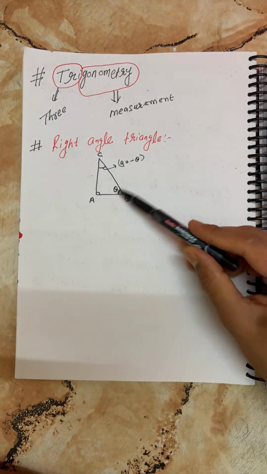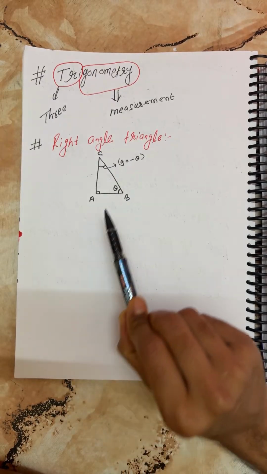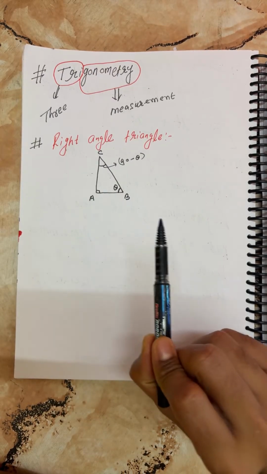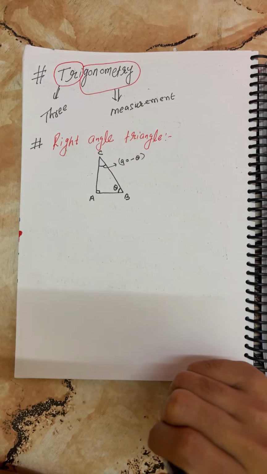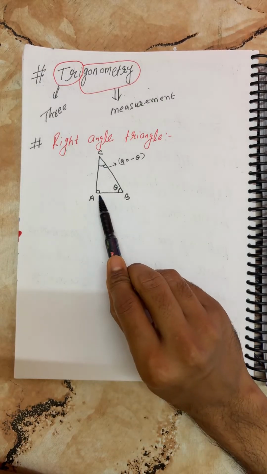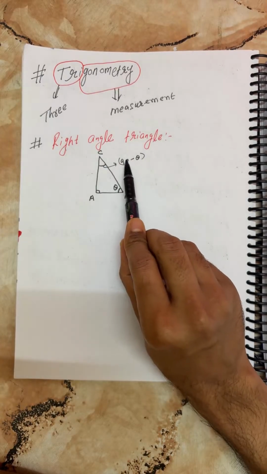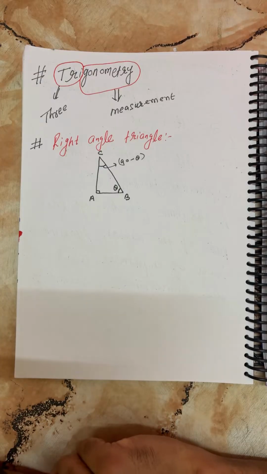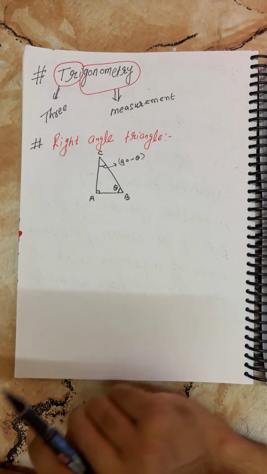Why did I do it like this? Because this is 90 degrees, and the summation of the entire angles equals 180 degrees. So this is 90, this is theta, this is 90 minus theta. If you add them all, you get the angle sum of 180 degrees, right?